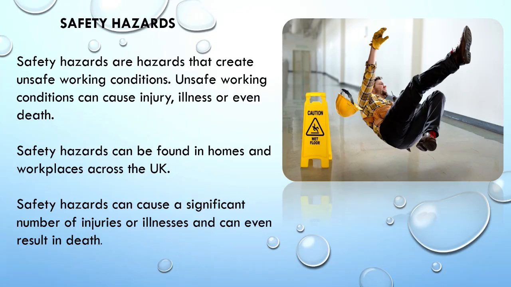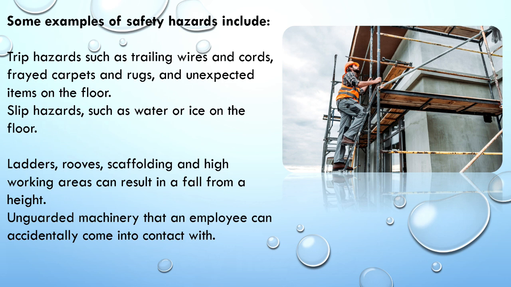Safety hazards can be found in homes and workplaces across the United Kingdom, and can even result in death. Some examples of safety hazards include trip hazards such as trailing wires and cords, frayed carpet and rugs, unexpected items on the floor, and slip hazards such as water or ice on the floor.